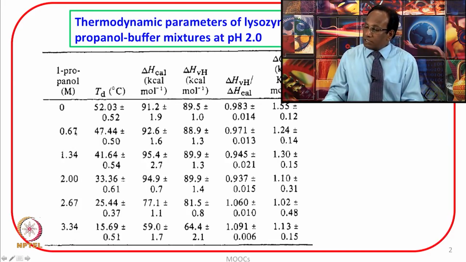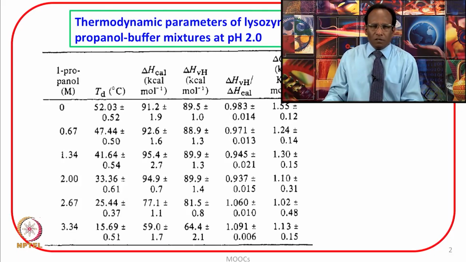When alcohol is added, now we go down the first column, you see when the concentration of 1 propanol in the mixture is 0.67 molar, the transition temperature decreases from 52 to 47.